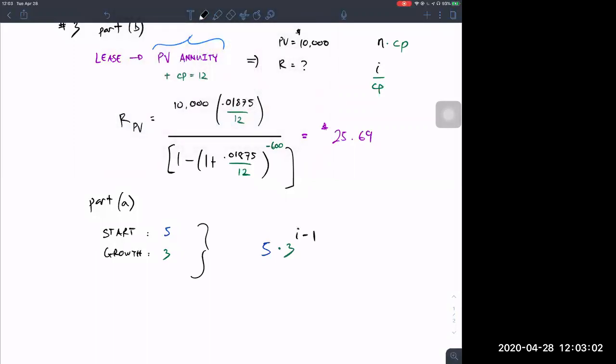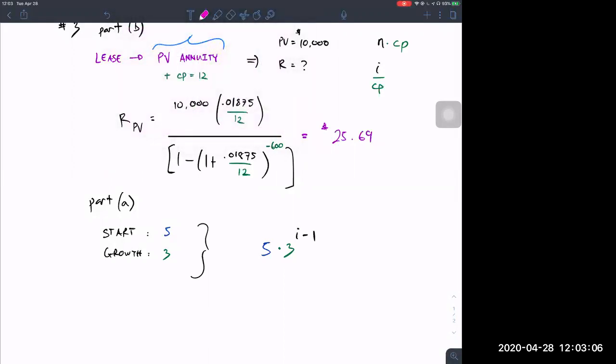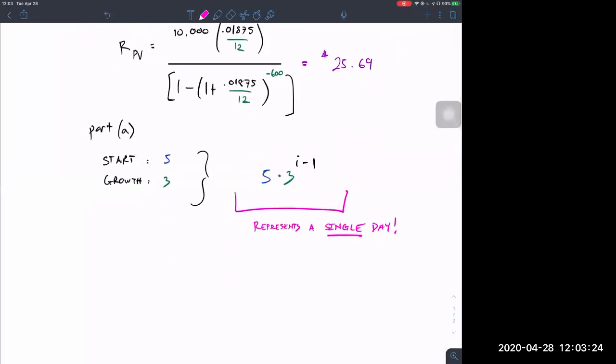The problem with this expression is that this represents only a single day, right? A single day. Very important distinction. To make it a summation where you count the revenue day after day, right?